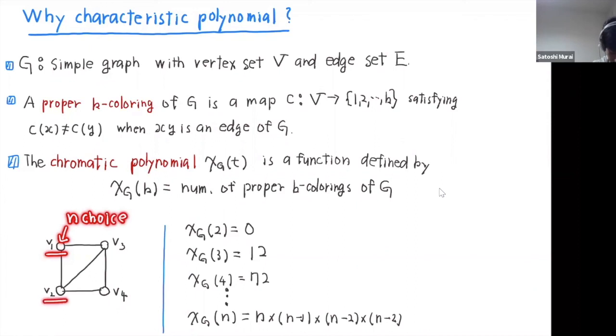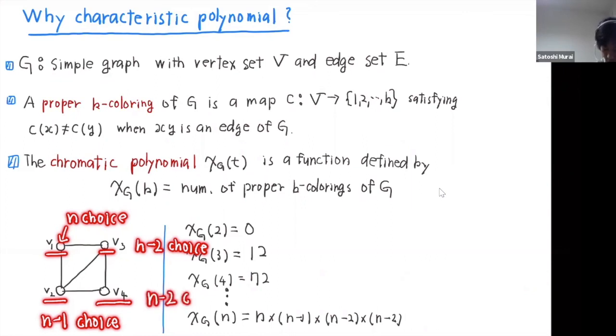Then for V2, you cannot use the color which you used for V1, so you have n minus 1 choices. For V3, it cannot be the same as the colors of V1 and V2, so you have n minus 2 choices. Then for V4, you cannot use the colors used for V2 and V3, so you have n minus 2 choices.